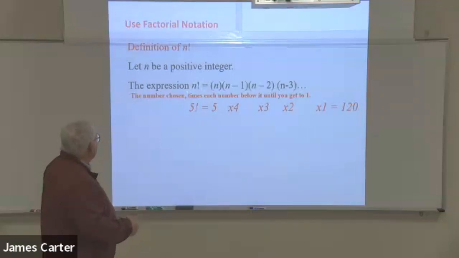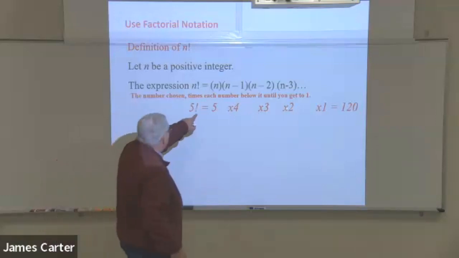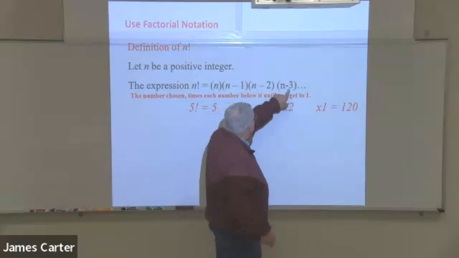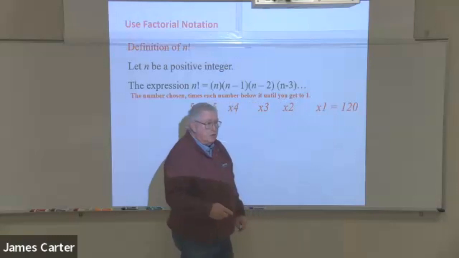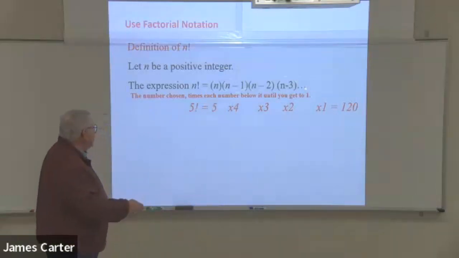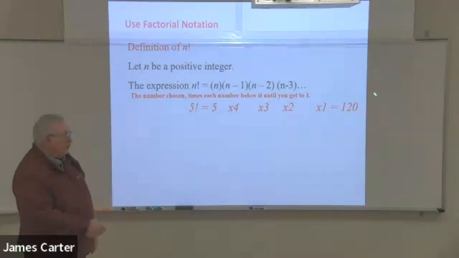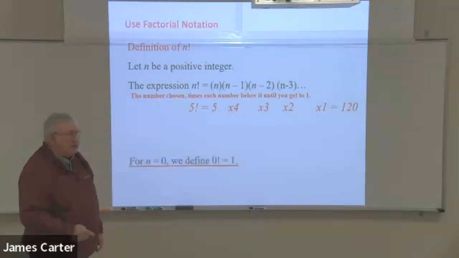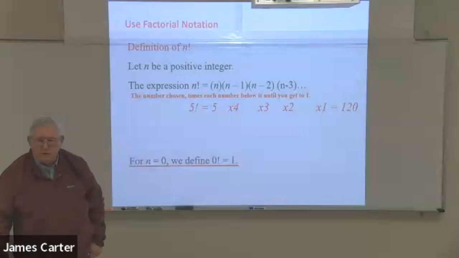To get n factorial, you take the nth term times n minus 1 times n minus 2 times n minus 3. 5 minus 1 is 4, 5 minus 2 is 3, 5 minus 3 is 2, and so on. I mean, that's the algebra of this. But hopefully you understand just that you have to multiply them all down the sequence. And here, I told you that 0 factorial is equal to 1.